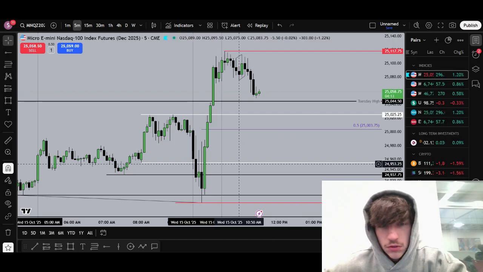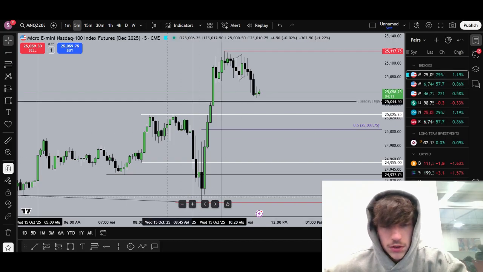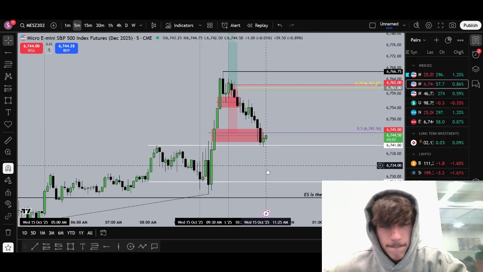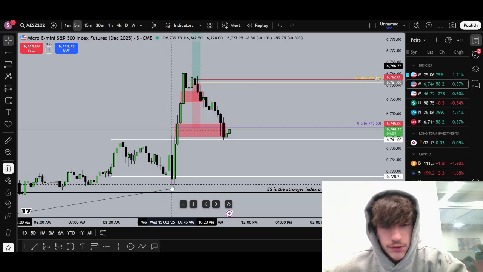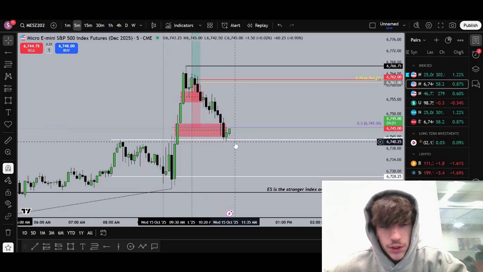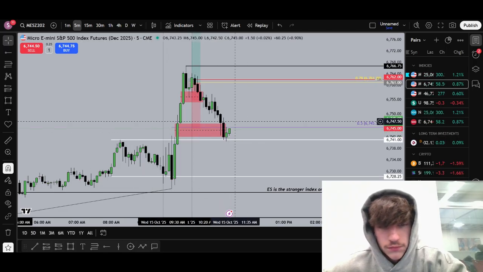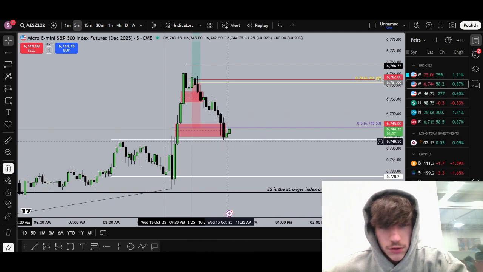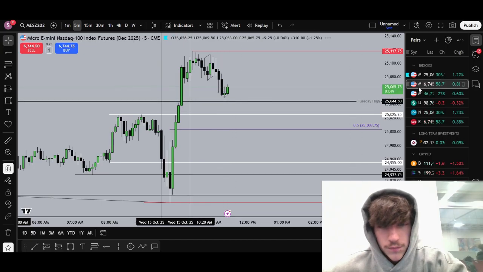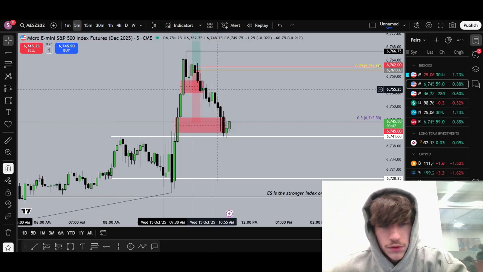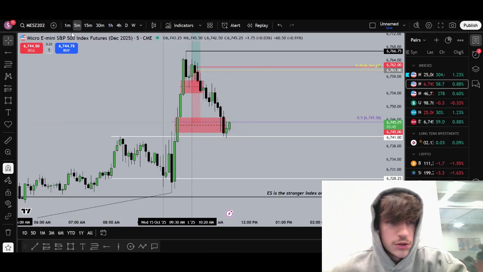The only thing I don't like is that this SMT has already been filled, but it was made during the macro. So if we can get another SMT, just a little one here, where hopefully NASDAQ will come down below this low and ES will stay above it, because we want ES to be the stronger one.